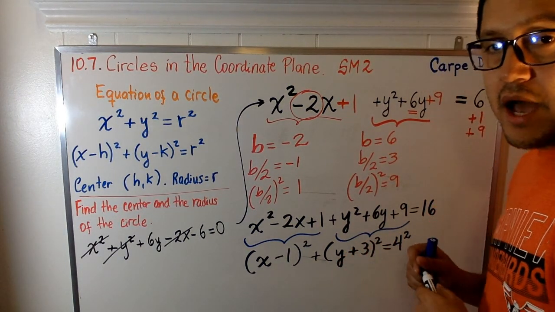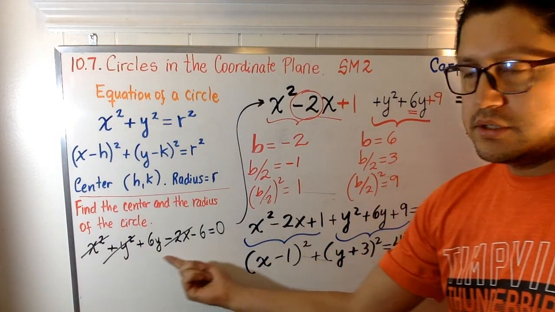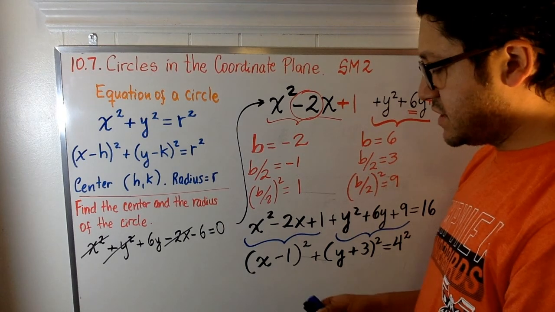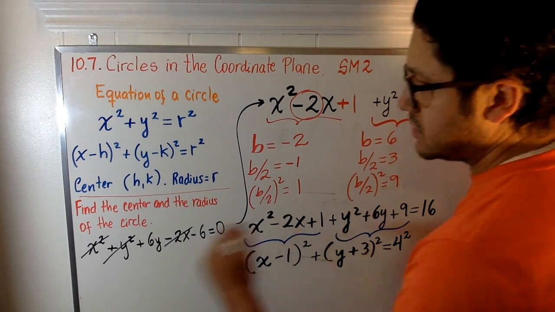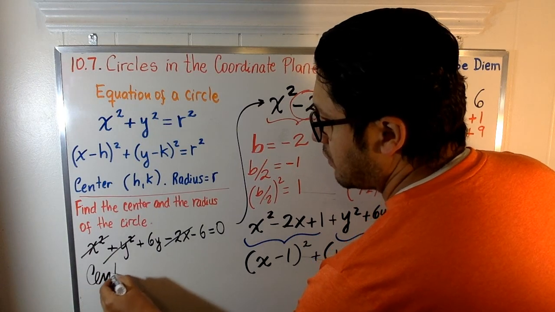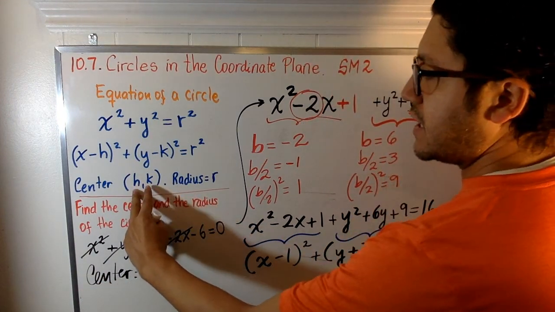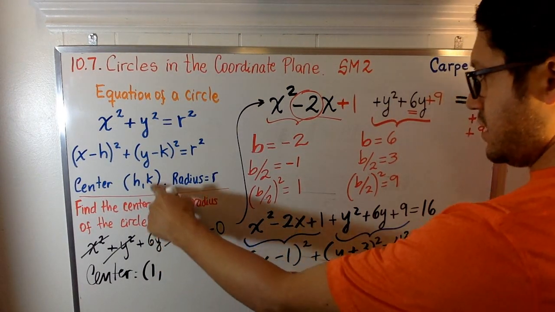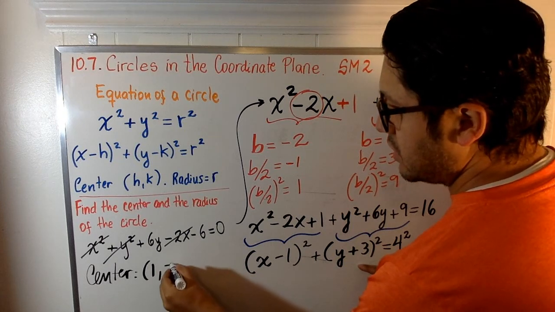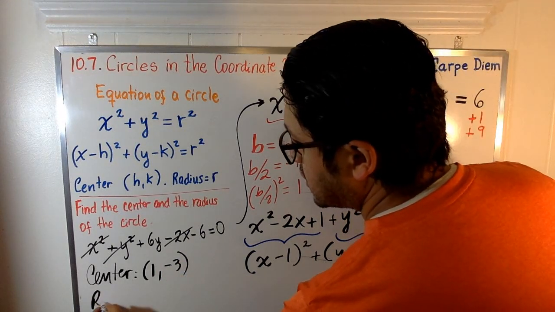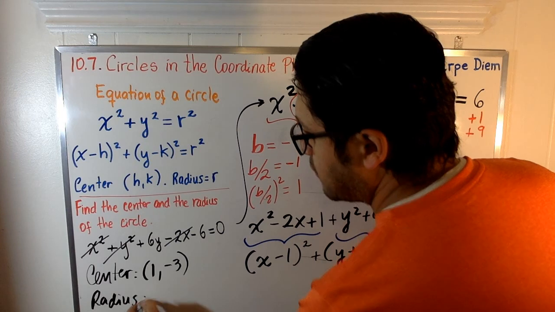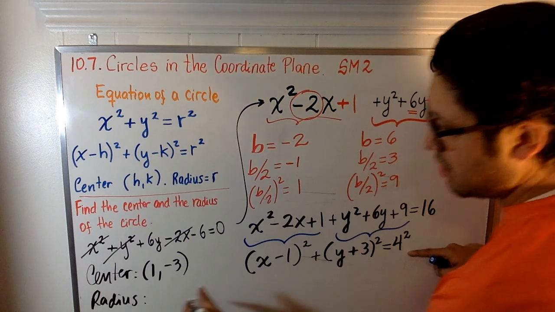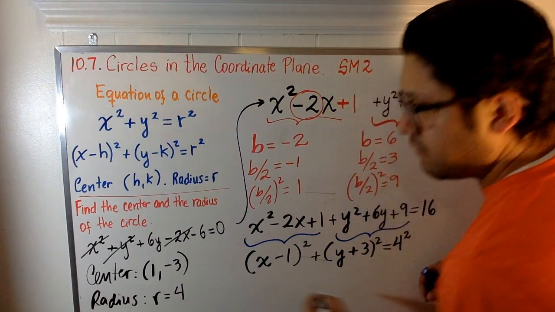Now, I started from here, and eventually I came up with this expression. This expression tells me that the center of this circle is located at (h, k). What is h? h is 1, and k is -3, and the radius of that circle is r squared here, so r equals 4.